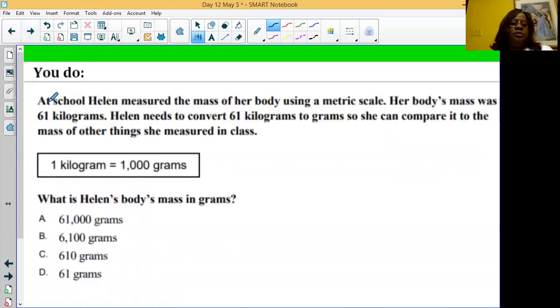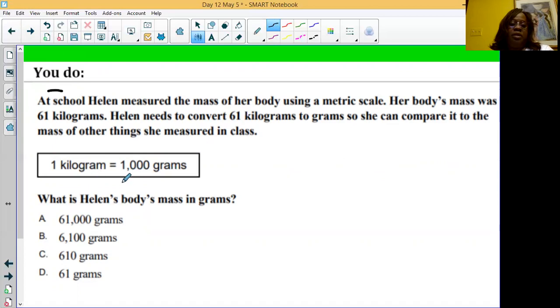Your final question is a you do. It said, at school, Helen measured the mass of her body using a metric scale. Her body's mass was 61 kilograms. Helen needs to convert 61 kilograms to grams so she can compare it to the mass of other things she measured in class. Here it tells you 1 kilogram equals 1,000 grams.